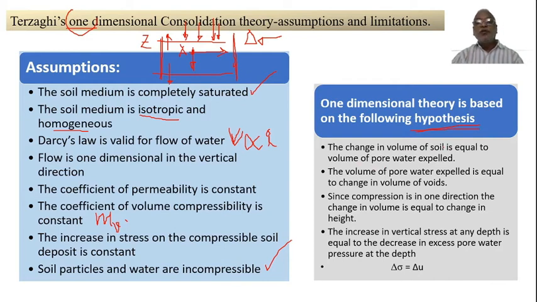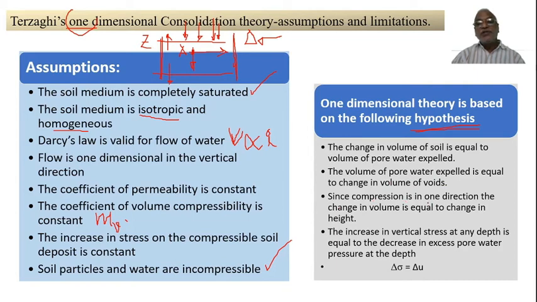The change in volume of the soil is equal to the volume of pore water expelled. Obviously, the settlement happens only because of expulsion of water. So whatever volume change is there will be because of pore water expulsion. The volume of pore water expelled is equal to the change in volume of the voids. Obvious, but we are defining it as a statement.